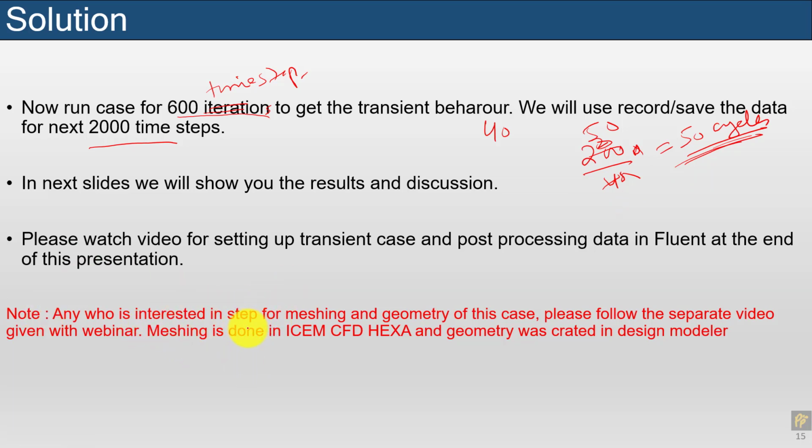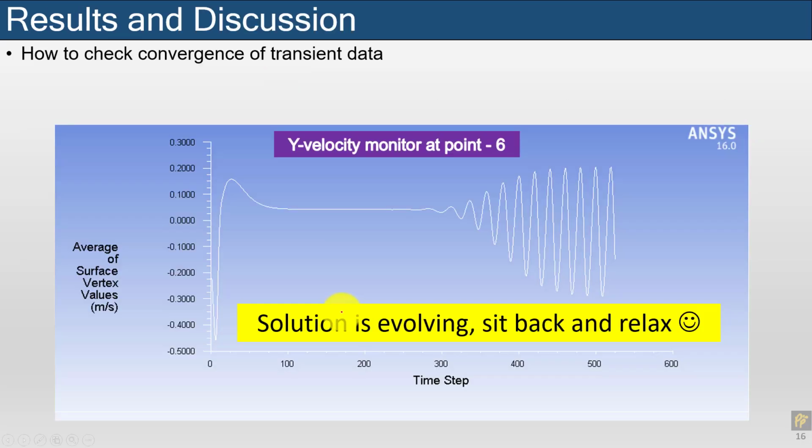I'm also going to give you the steps to make the geometry and meshing in ICEM CFD. Okay, this is what you are going to get. Initially, the solution may show you the steady state behavior, but once the vortex shedding starts to develop at the downstream side of the cylinder, you will see these transient data.